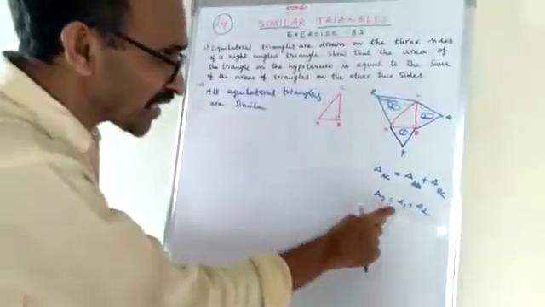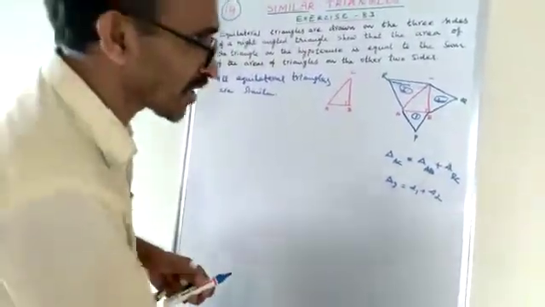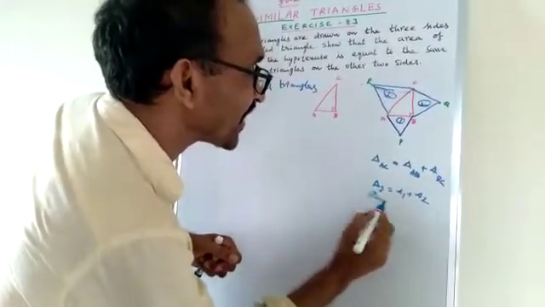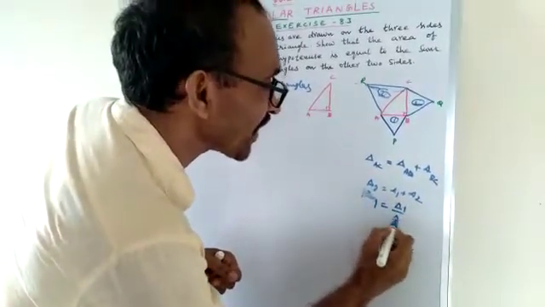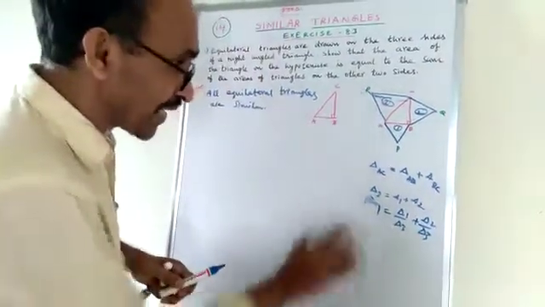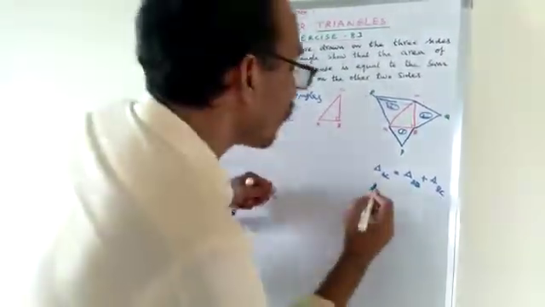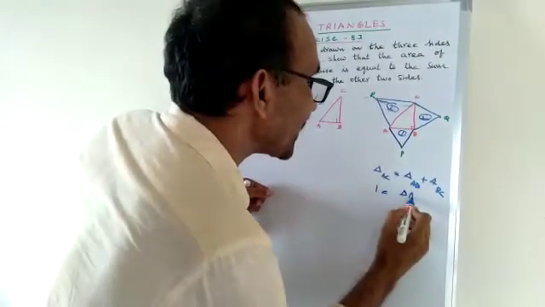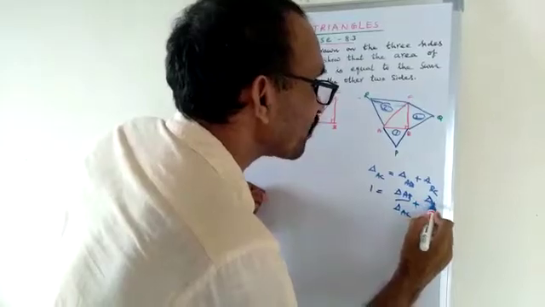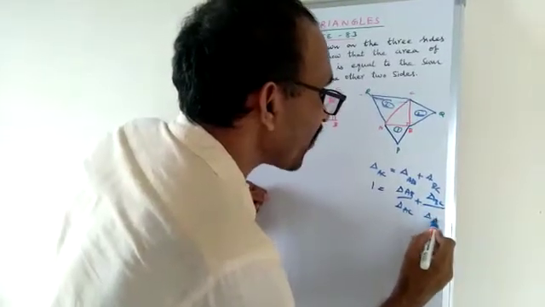Look, delta 3 is equal to delta 1 plus delta 2. Dividing by delta 3, 1 is equal to delta 1 by delta 3 plus delta 2 by delta 3. Similarly, 1 is equal to triangle on AB by triangle on AC plus triangle on BC by triangle on AC.